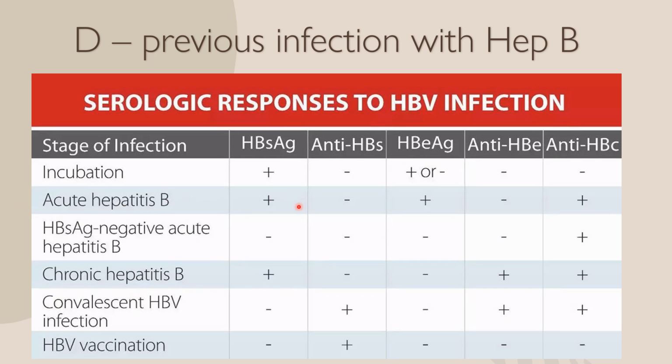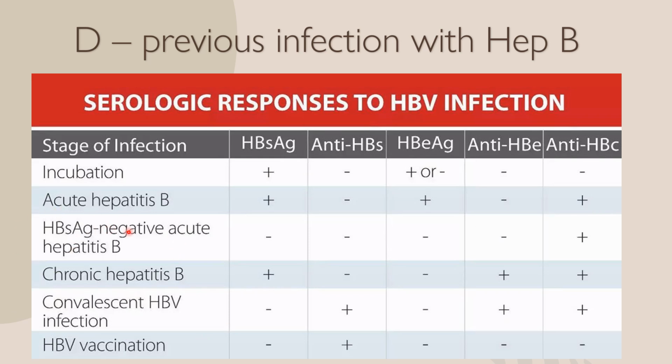Acute hepatitis B, you can have surface antigen, E antigen, and core antibody. Okay. So core antigen is also being exposed to the immune system in active infection, so the body tries to produce antibodies against that.